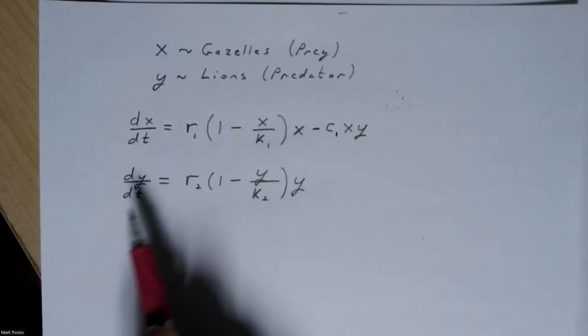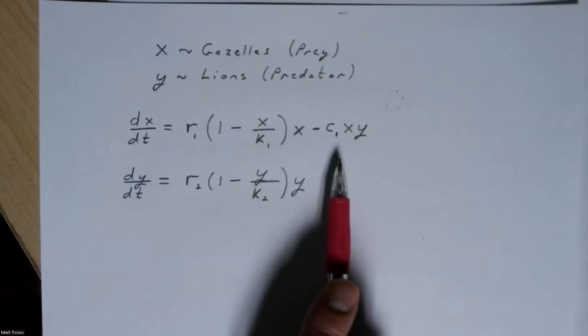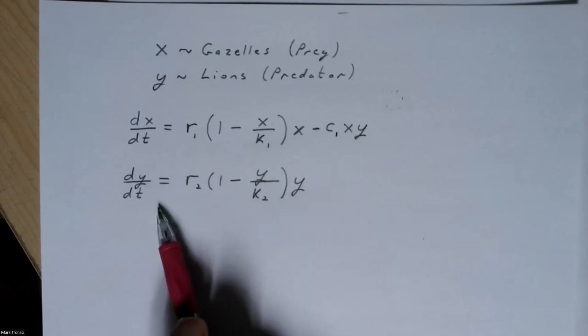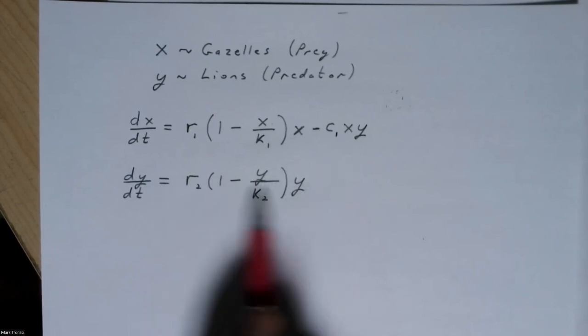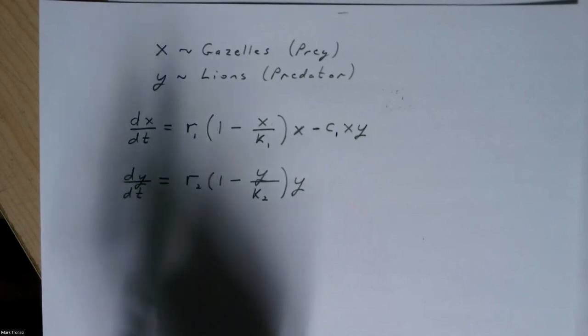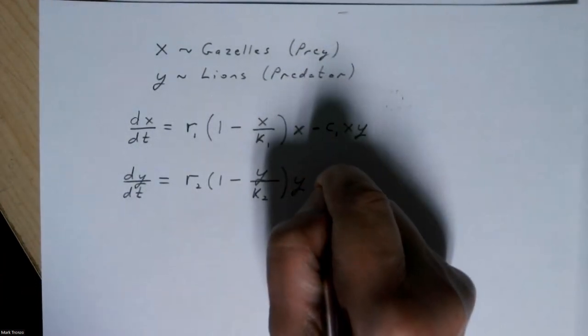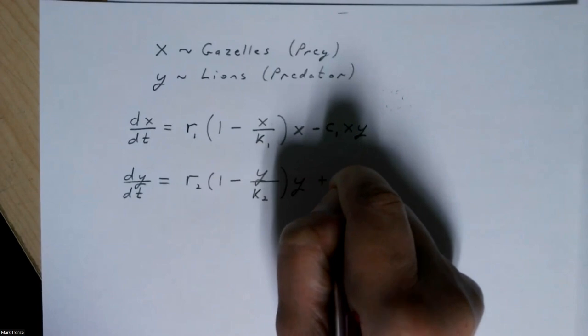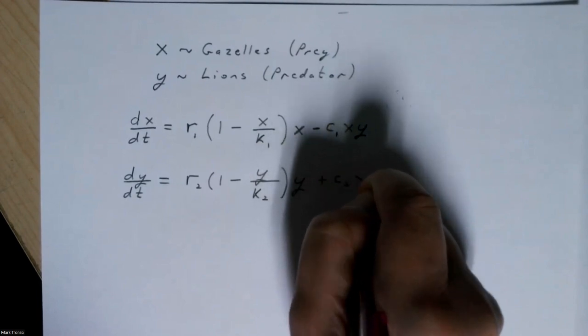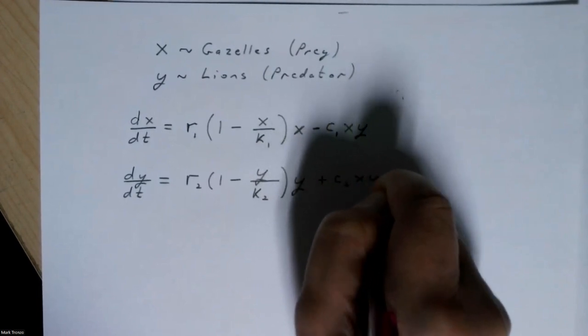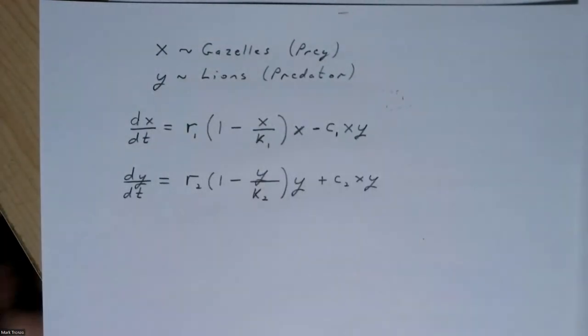Now another thing that will happen, again, the more interactions there are, the lions have more to eat, and their rate of change is going to increase. They're going to have an increased number of lions based on the interaction of the gazelles and the lions.